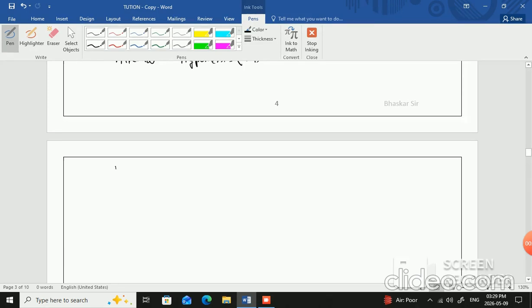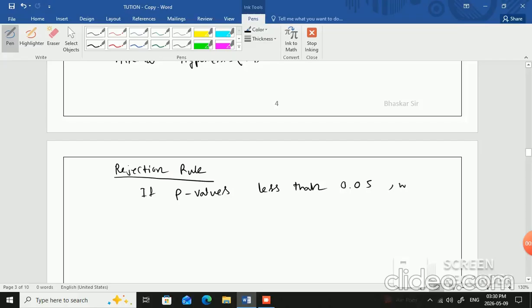The rejection rule: if p-value is less than 0.05, we reject H naught, and it implies the series is stationary.